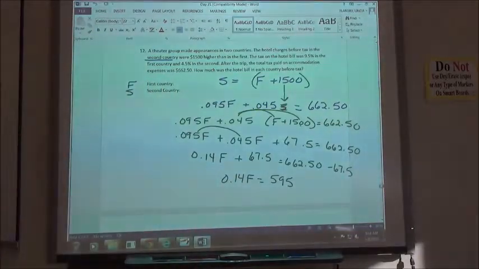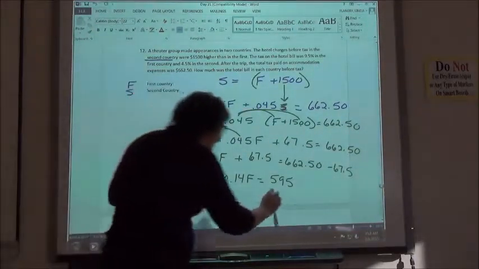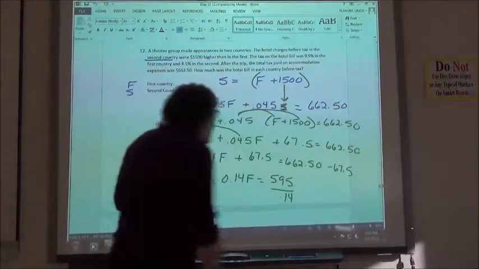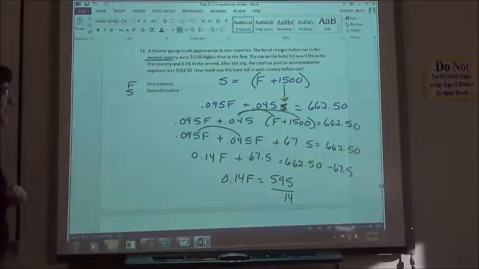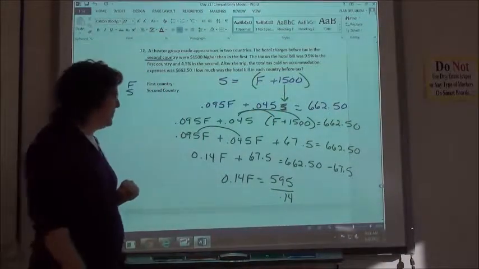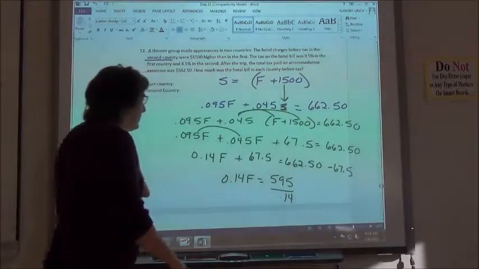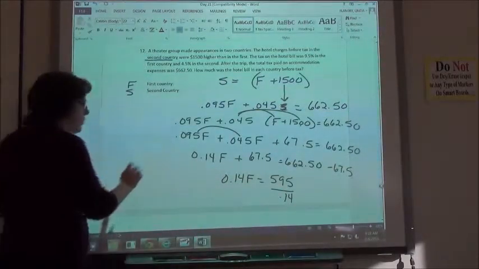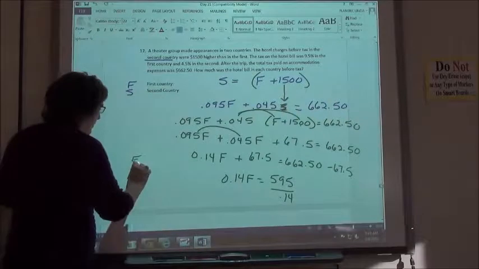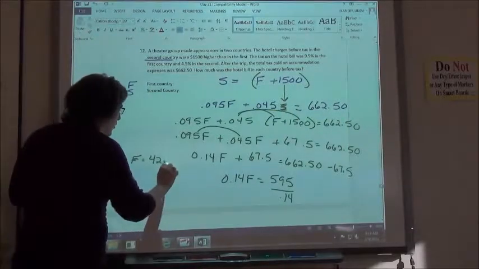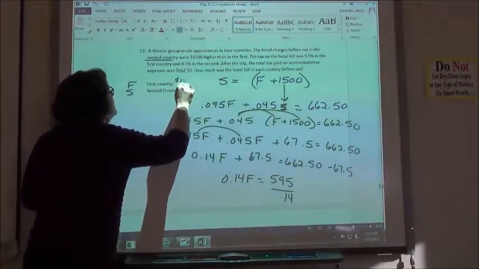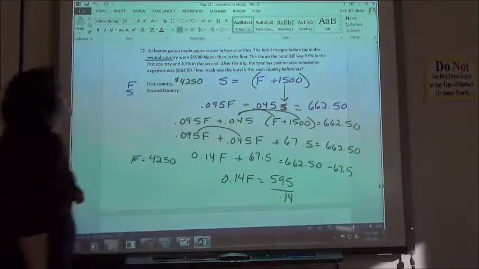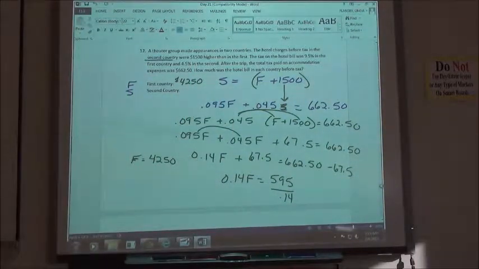And then we're going to divide by our 0.14. So 4,250. So the first is $4,250 for my hotel charges for a week.